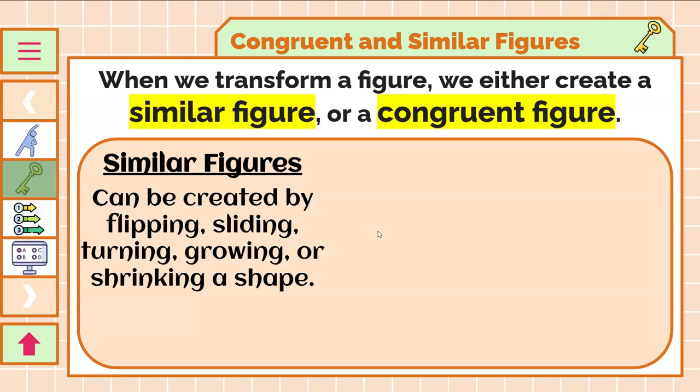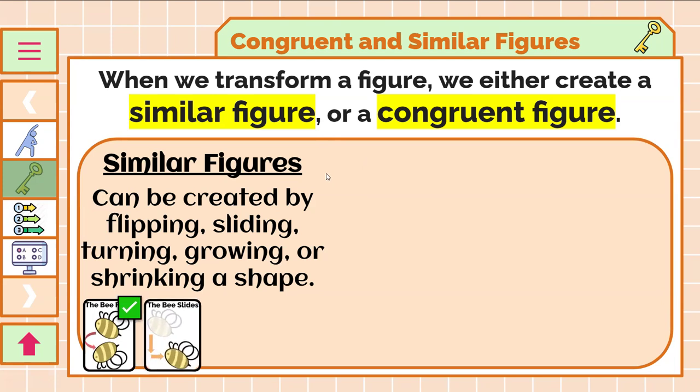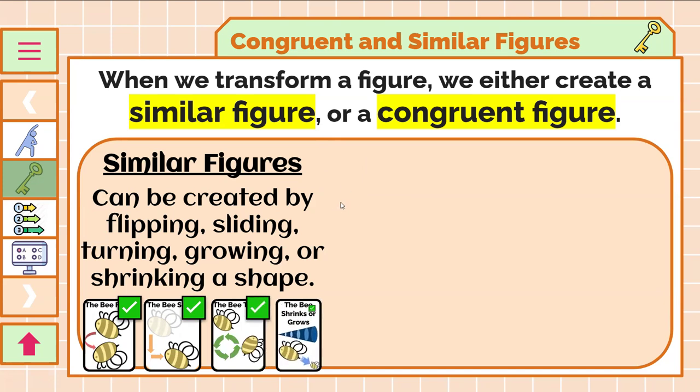In other words, all the transformations. We have reflecting, translating, dilating, and rotating. As we had here, reflecting, translating, rotating, or dilating. Those are all things that make similar figures.